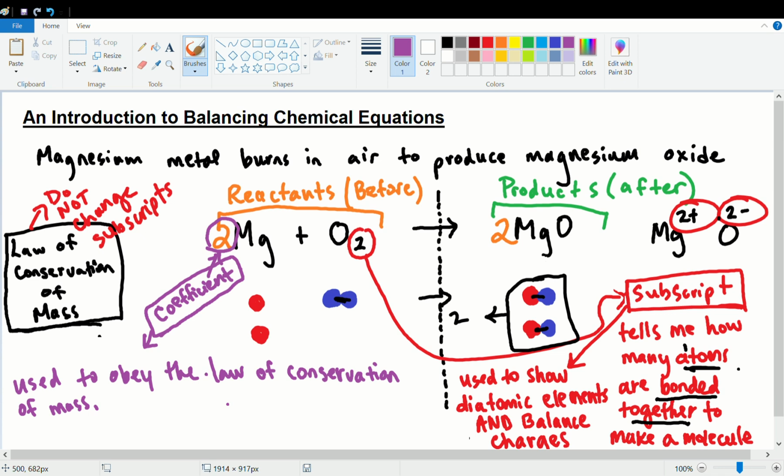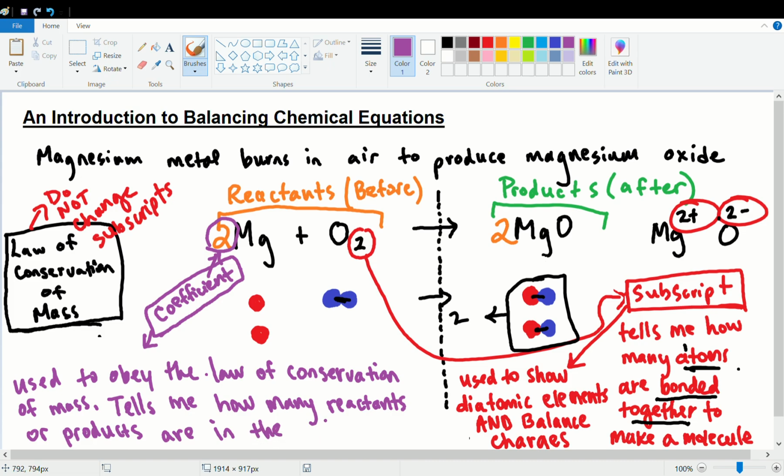The coefficient tells me how many reactants or products are in the chemical equation.